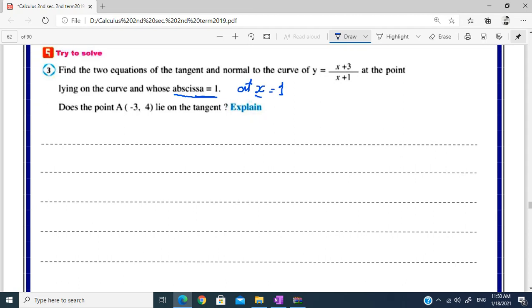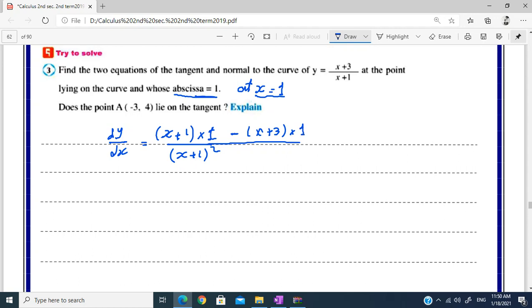So dy by dx, the first derivative, uses the division rule: the denominator times the derivative of the numerator, which is 1, minus the numerator x plus 3 times the derivative of the denominator, which is 1, all over the denominator power 2.